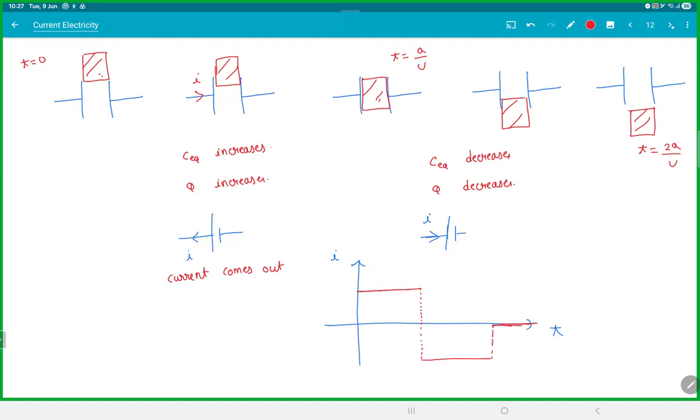So this time would be A by U and this time would be 2A by U. The current reverses direction. So this is I and this is minus I. Are you clear with that difference? Okay, then it is fine. Is this clear, everyone?